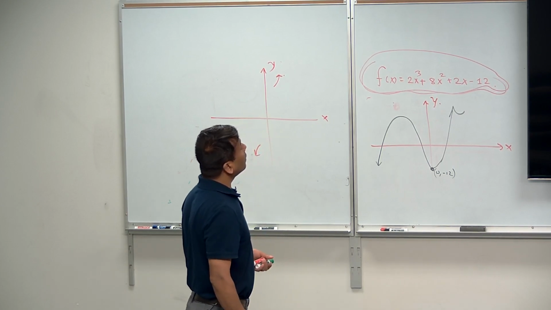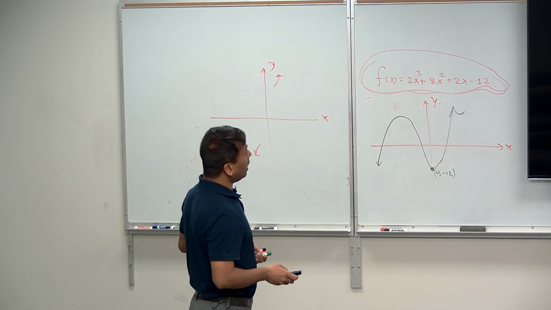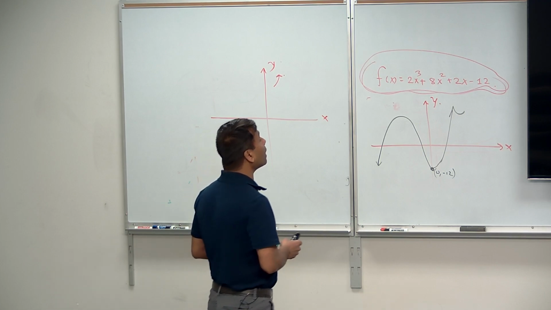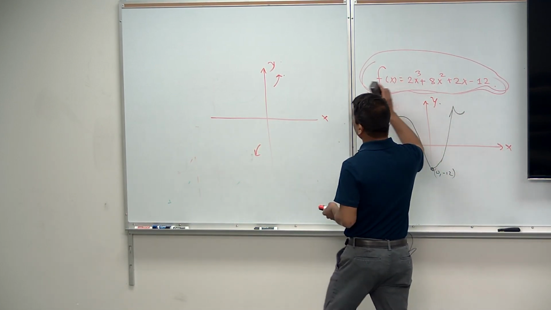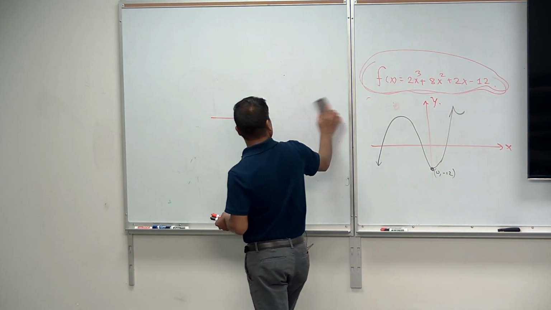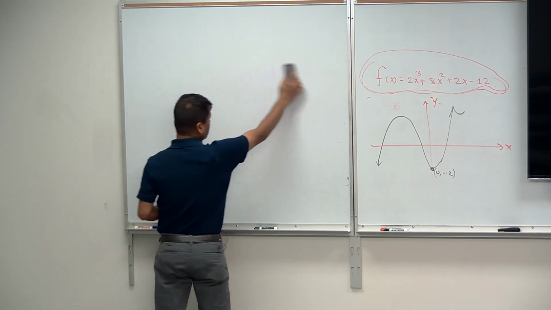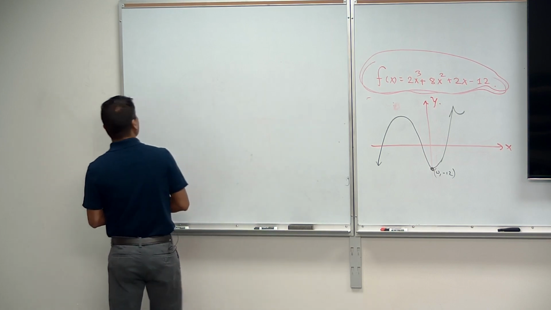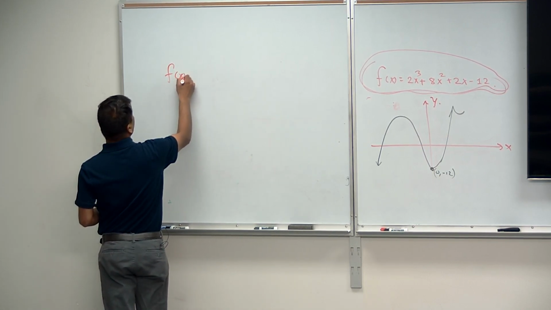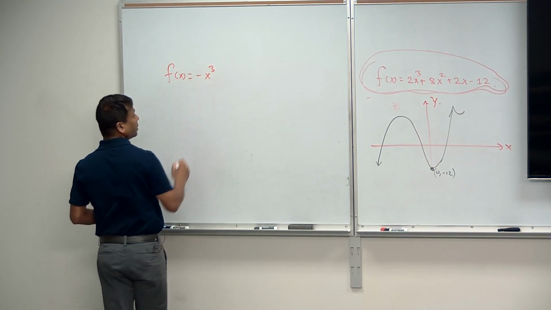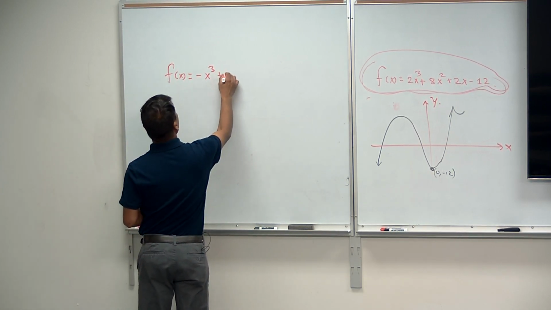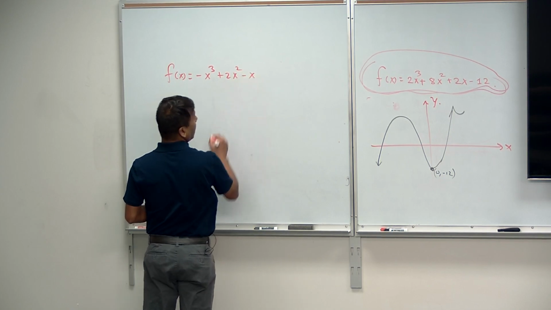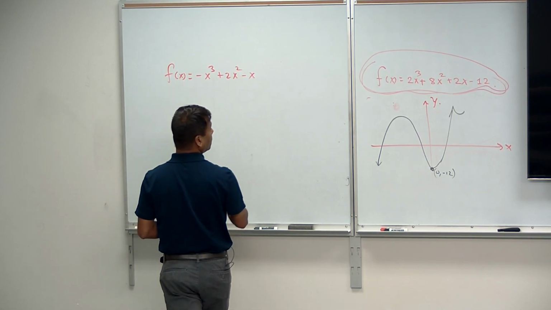So, but you see, if you have a negative, let's say, a function f(x) equal to negative x cubed plus 2x squared minus x plus 2.